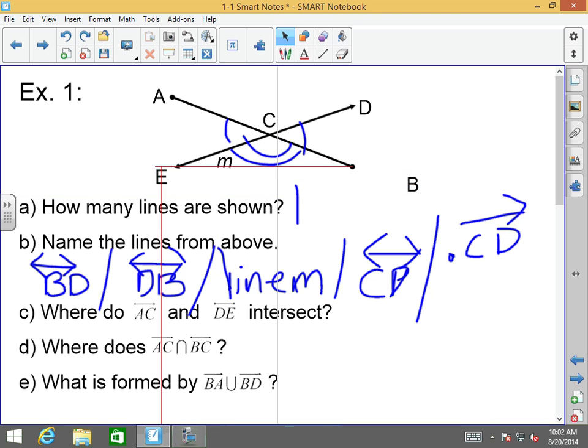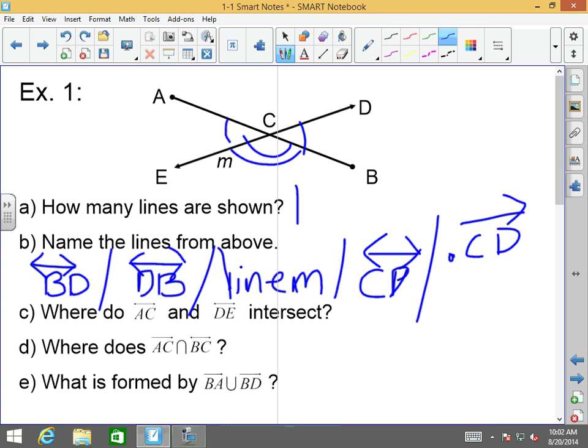And let's go this way. The magic of computers. Okay. Now, where do AC and DE intersect? Guys? AC and DE. They're going to intersect right here. Right? You with me?